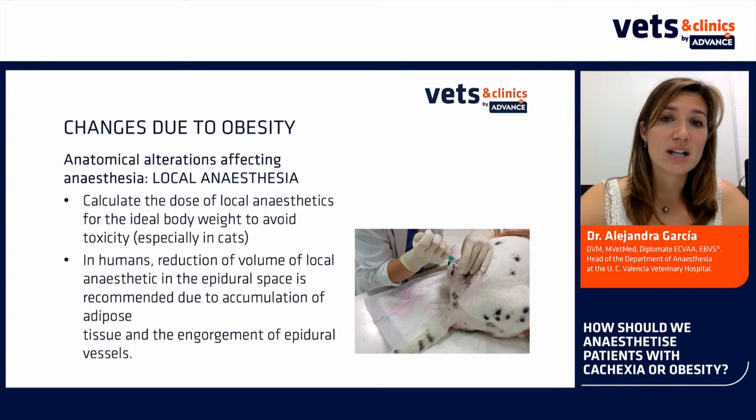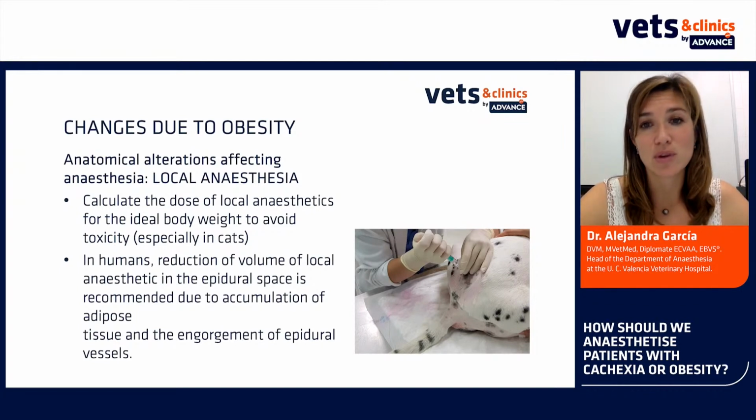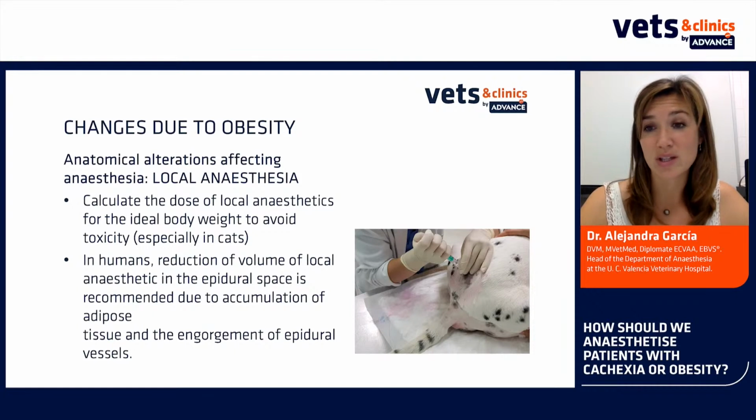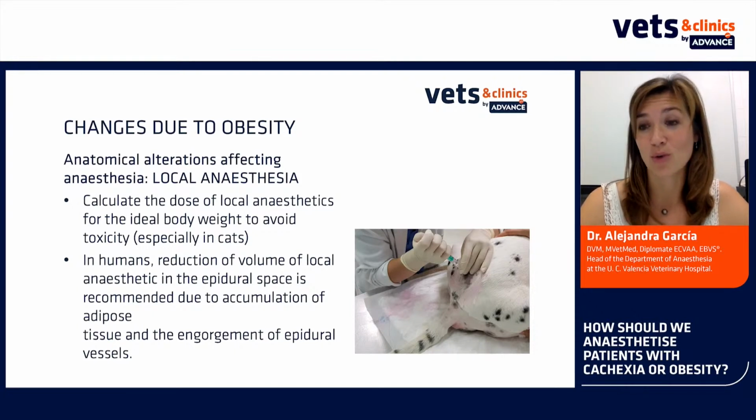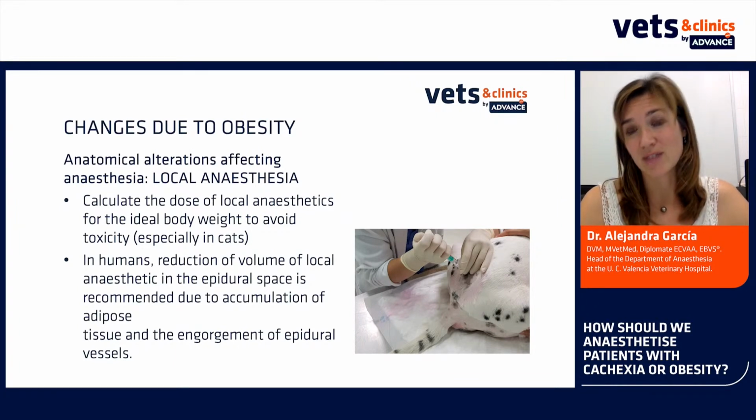So, the anatomical alteration affects anesthesia, and speaking about local anesthesia and locoregional techniques, especially the epidural, we need to calculate the dose of local anesthetics for the ideal body weight, because the epidural space is the same, although the patient weighs double, meaning that we shouldn't be giving too much local anesthetic to, for example, a cat.